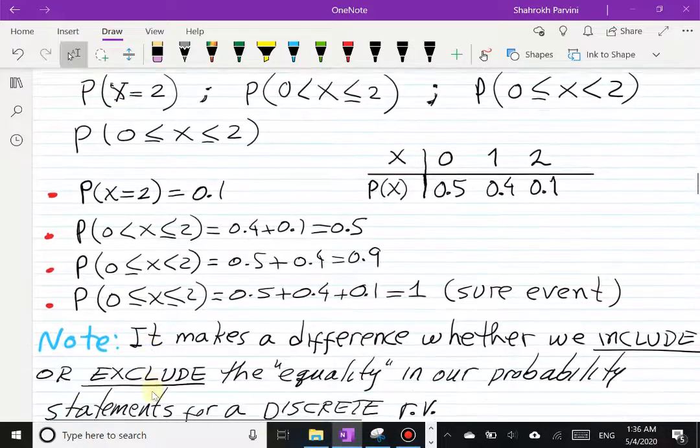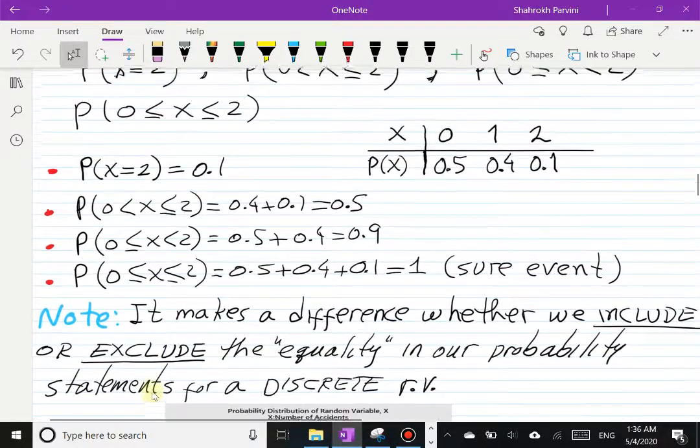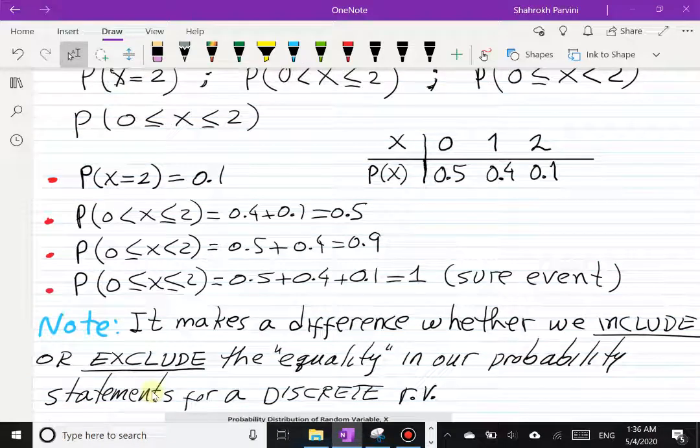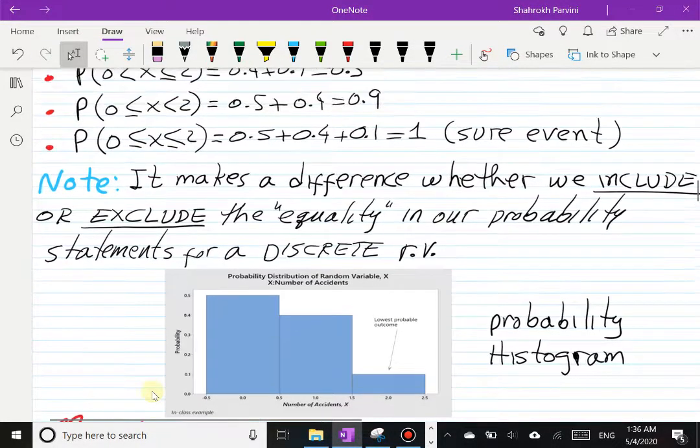Now, I have kind of summarized that in here. It really makes a difference whether you include or exclude the equality in your probability statements for the discrete random variable. So that's one thing we wanted to do. Remember those 4 bullets. The next thing I want to do is look at the histogram of this, a probability histogram.